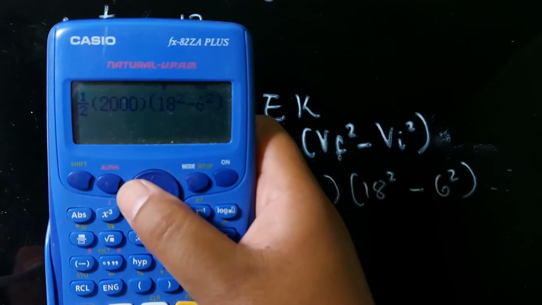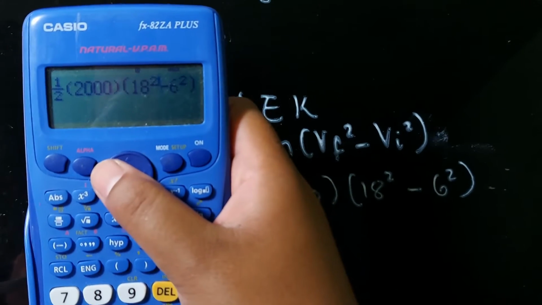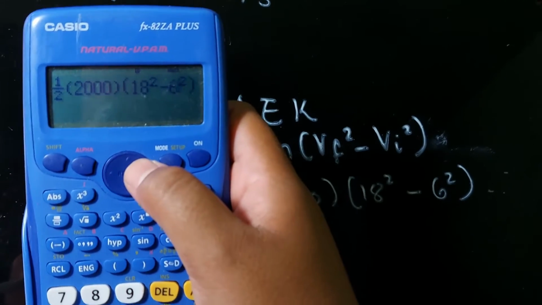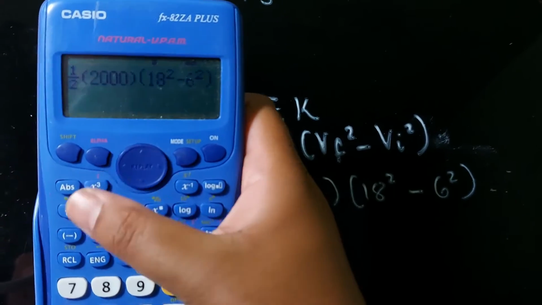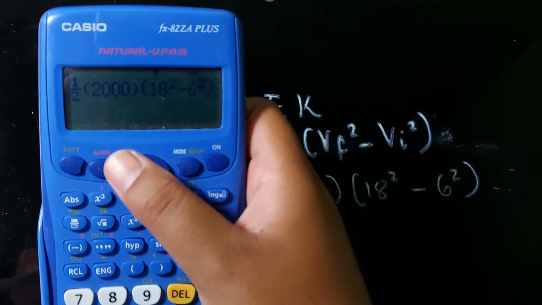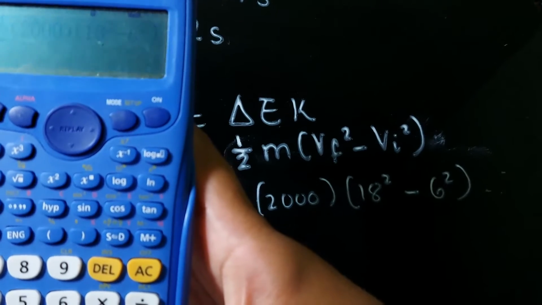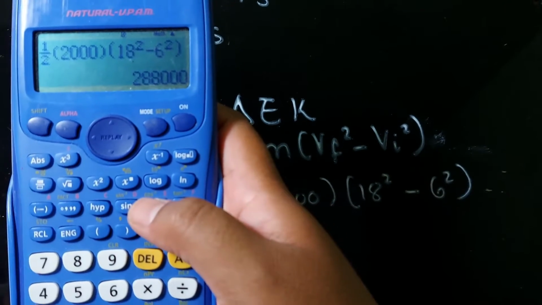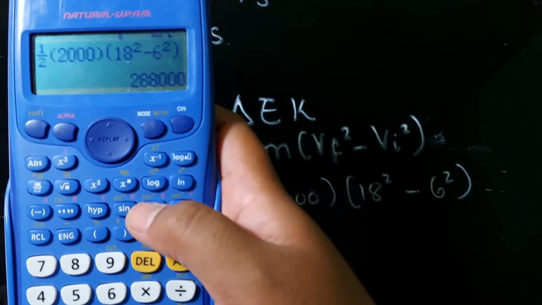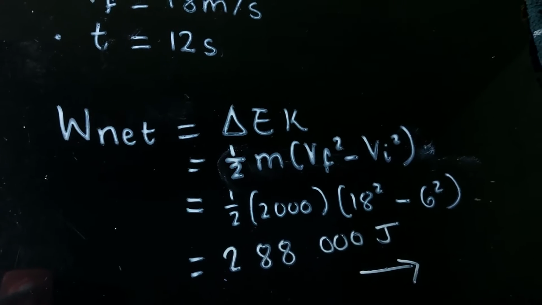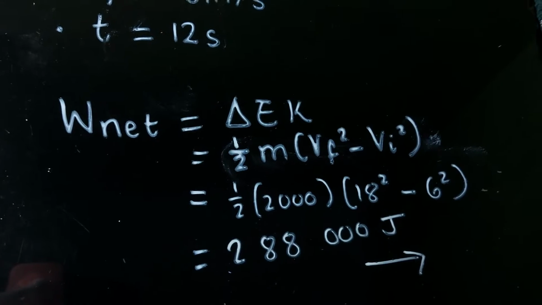I just wanted to show you what this looks like on my calculator because I know that sometimes brackets and things can get confusing. So just make sure that you have everything in brackets using this 1/2, or you can also say multiplying everything by 0.5, it's also fine. And this is going to give us an answer of 288,000 joules, and this will be your final answer for this particular question.